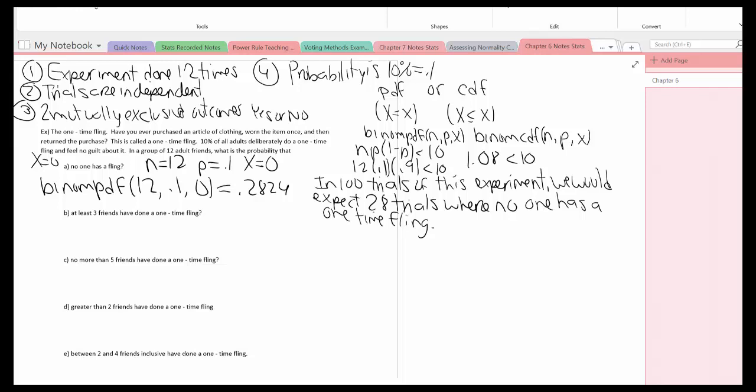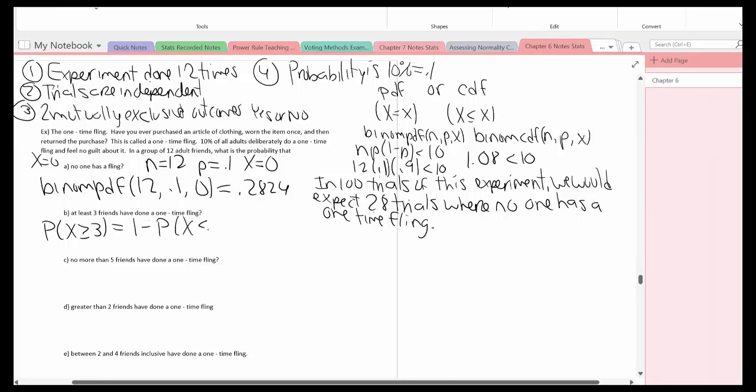Okay, let's take a look at part B. At least 3 friends have done a one-time fling. So this is the probability of x is greater than or equal to 3. Well, that does not work because it's not less than or equal to. So I'd have to write its complement. That's 1 minus the probability of x is less than 3. But again, it's got to be less than or equal to. So I can rewrite that as 1 minus the probability of x is less than or equal to 2.